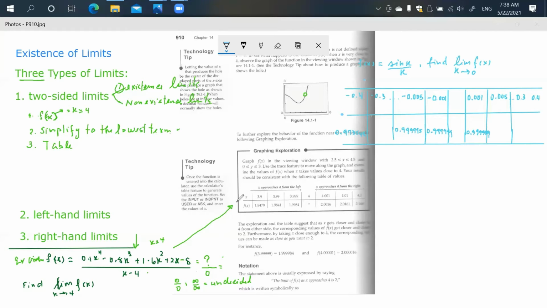Use a table, that means the last example. You use a table when x approaches 4 from the left and x approaches 4 from the right.